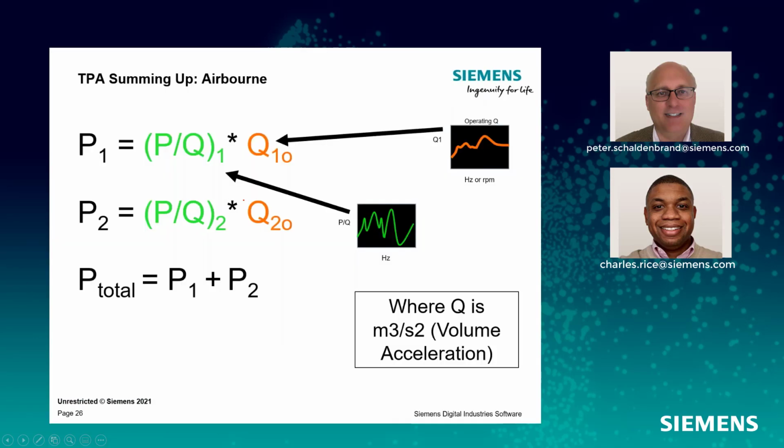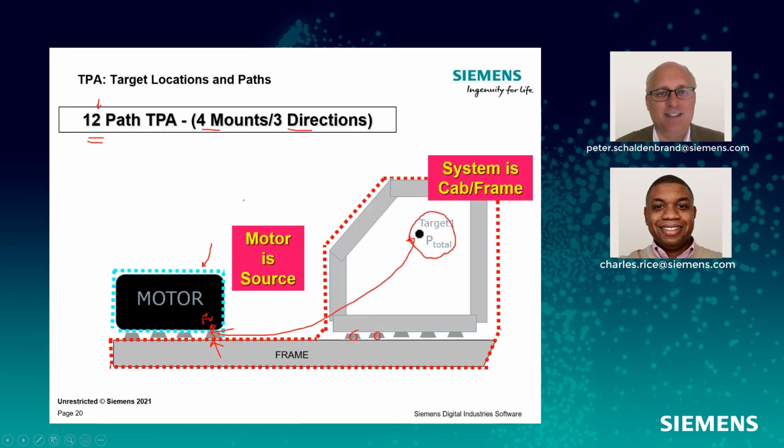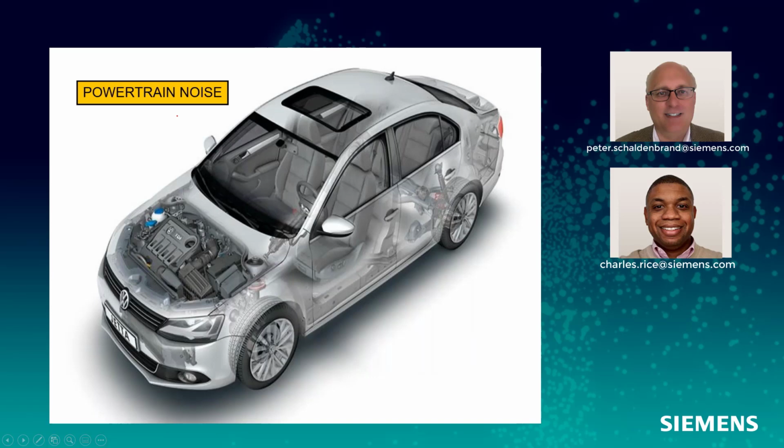I'm going to back up to the beginning of the presentation. Let's use a classic thing, powertrain noise. Even though there are lots of electric vehicles out there, a lot of us still have gas engines. If I had a gas engine, how many paths are there to get to the operator's ear?